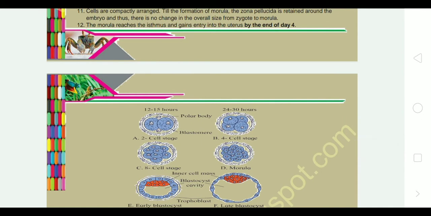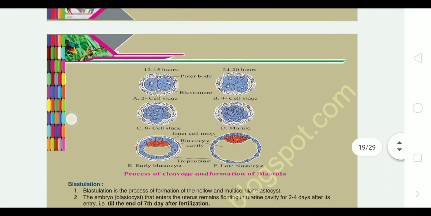The zona pellucida is retained around the embryo. That's why, as I already said, the blastula is formed inside an egg or ovum. There is no change in the overall size from zygote to morula, and the zygote size is exactly the ovum size. Morula reaches the isthmus and gains entry into the uterus by the end of day 4.